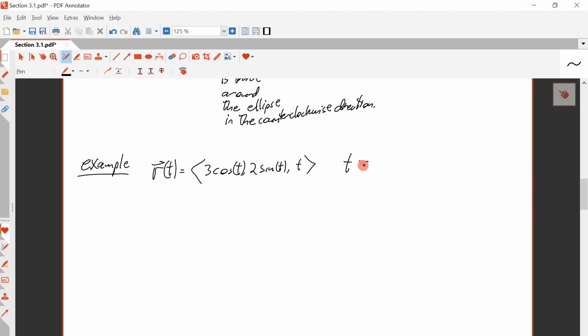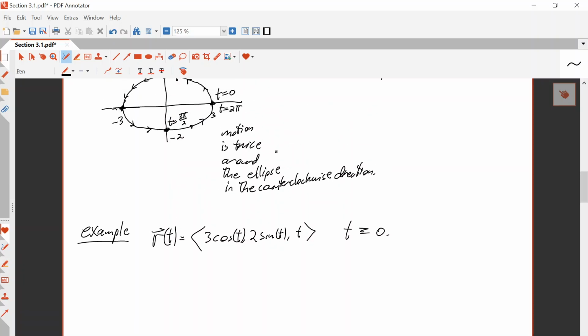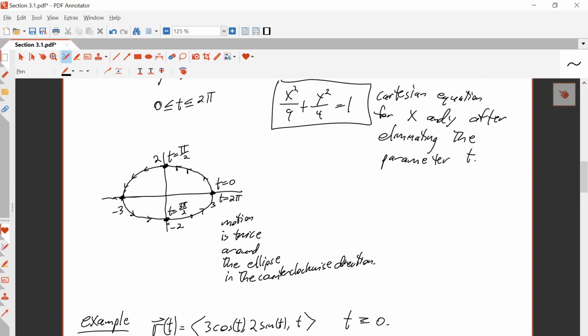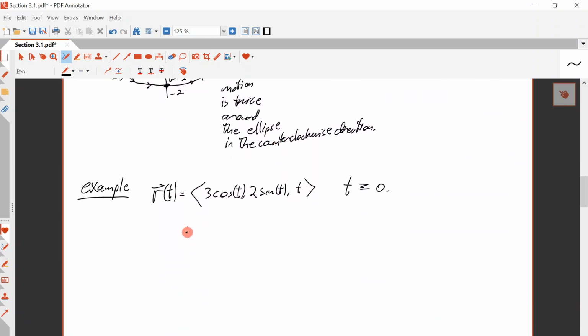And just say t is bigger than or equal to 0. Well, the x and y coordinates are again describing in the two-dimensional sense this traversal around the ellipse. And we're just going around and around and around because we're just saying t is bigger than or equal to 0. But then what's going on with the z-coordinate? Well, the z-coordinate is just increasing in a linear fashion.